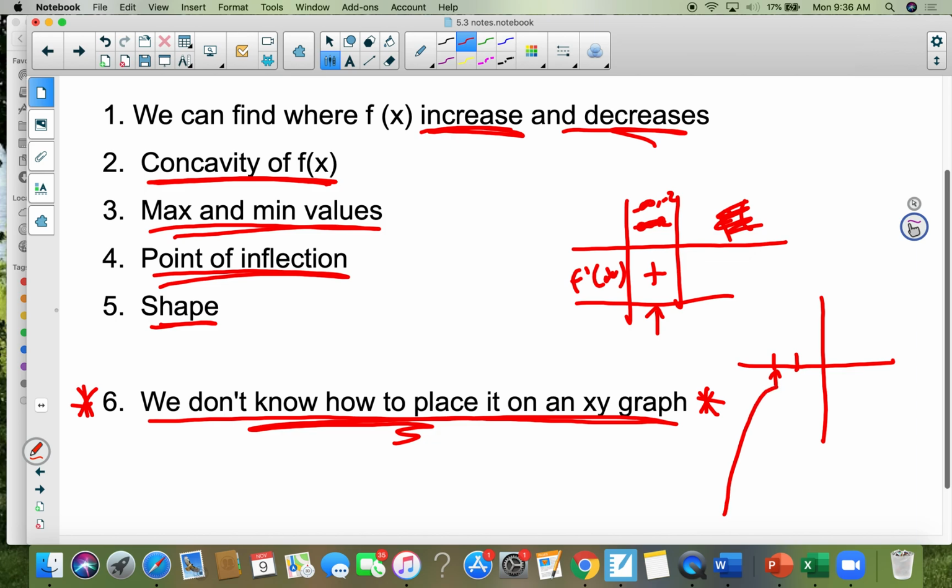Does it look like that? Do we put it like that? We just know that it's increasing to negative 2. Do you understand that? We just don't know where to place it on the graph, so anything would go. And then we know that it's decreasing, so then you have to make a decrease, and so on. We just don't know where to place it. So that's important to know.